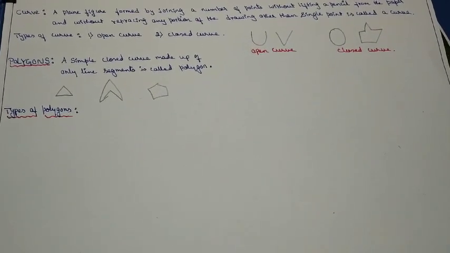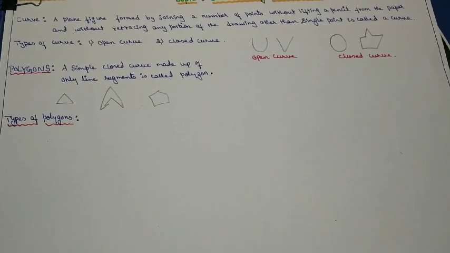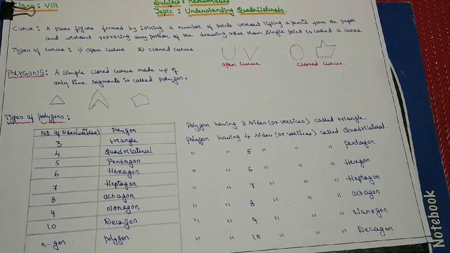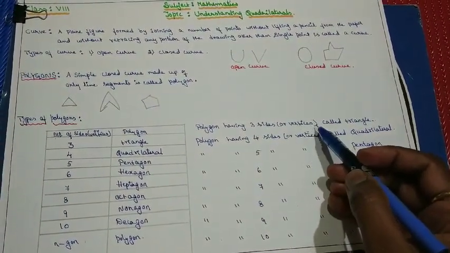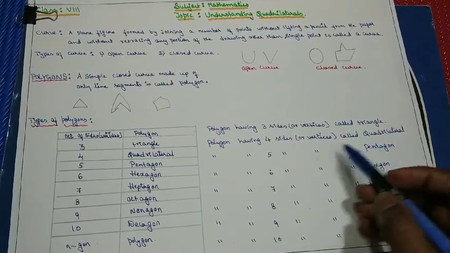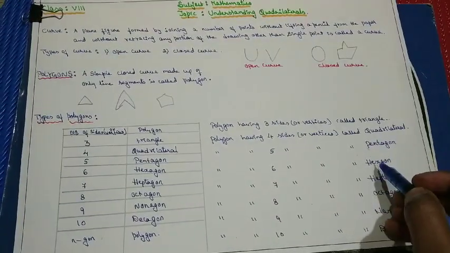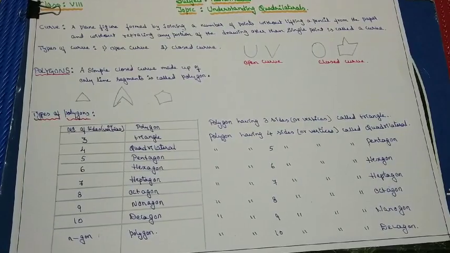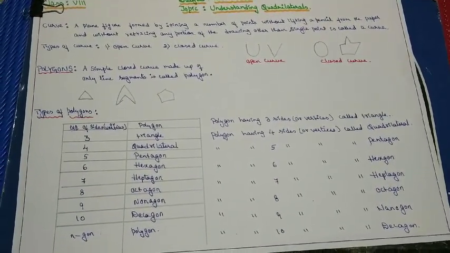If there are more than 10 or fewer, we simply call it a polygon depending on the number of sides. So, 3 sides triangle, 4 sides quadrilateral, 5 sides pentagon, 6 sides hexagon, 7 sides heptagon, 8 sides octagon, 9 sides nonagon and 10 sides decagon.